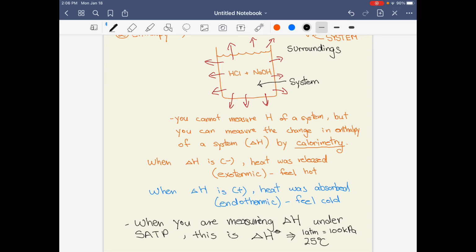So when you're doing your experiment under this condition, we call that a standard condition.